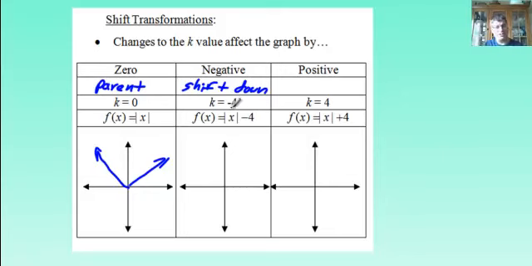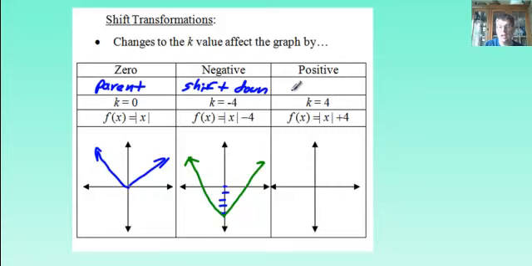Okay, and since it's a -4, that means we count 1, 2, 3, 4, 1, 2, 3, 4, and our graph is going to be shifted down 4. So our k is a vertical shift.